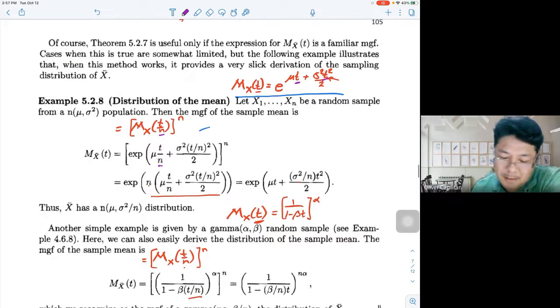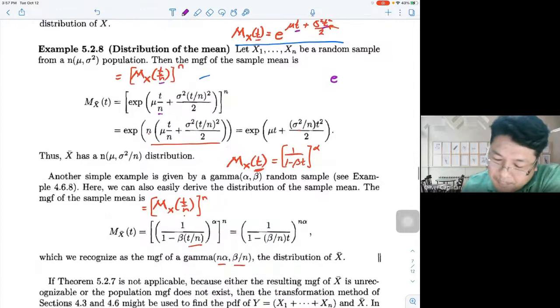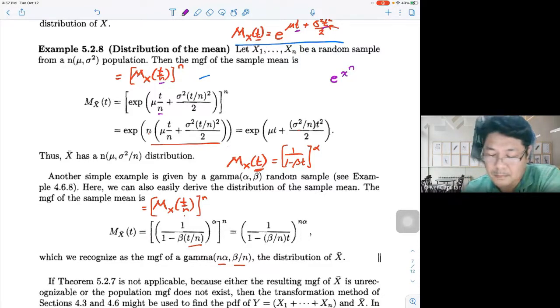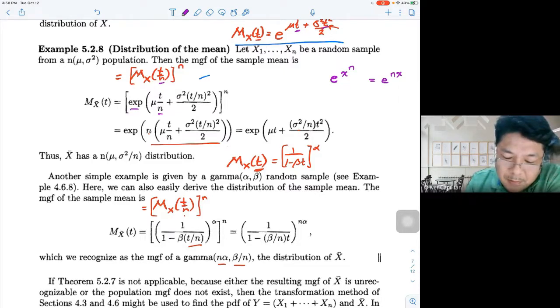And then in this case, if we have an exponential of a function, we can say that e to the x over n, raised to the n, is equal to e to the x.